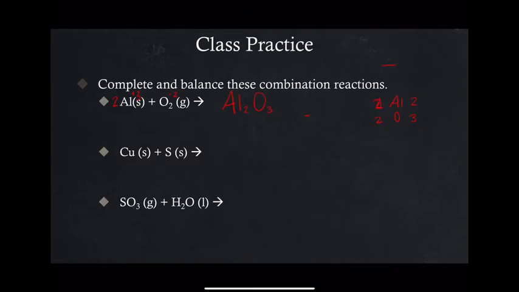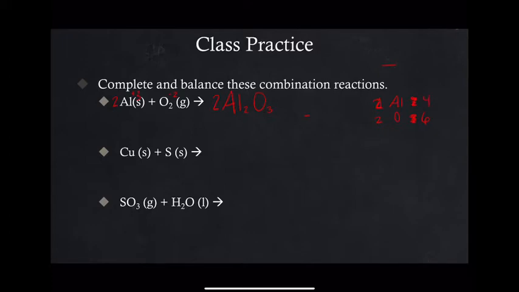But now we have to fix our oxygen problem. So if we put a 2 here, that'll give us 6 oxygen, okay? But it also changes our aluminum to 4 aluminums, okay?